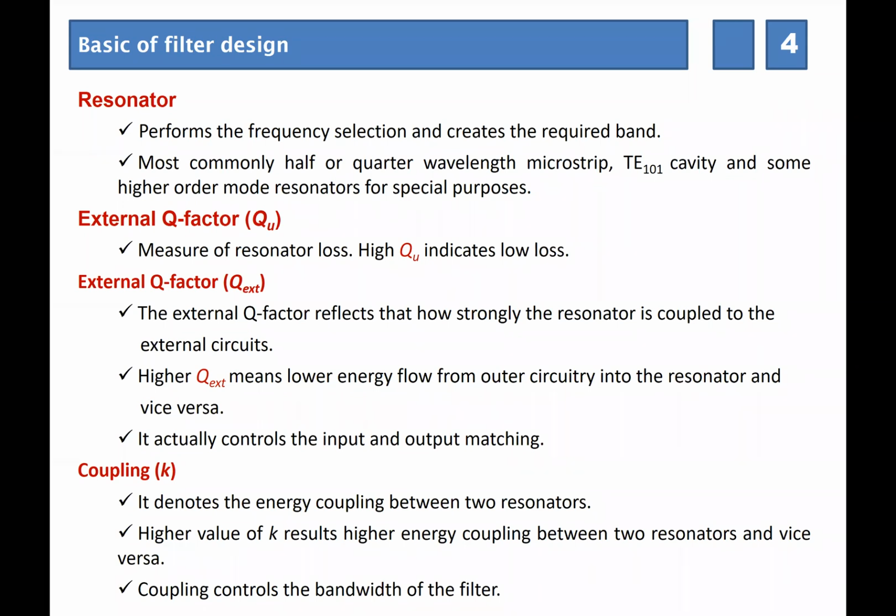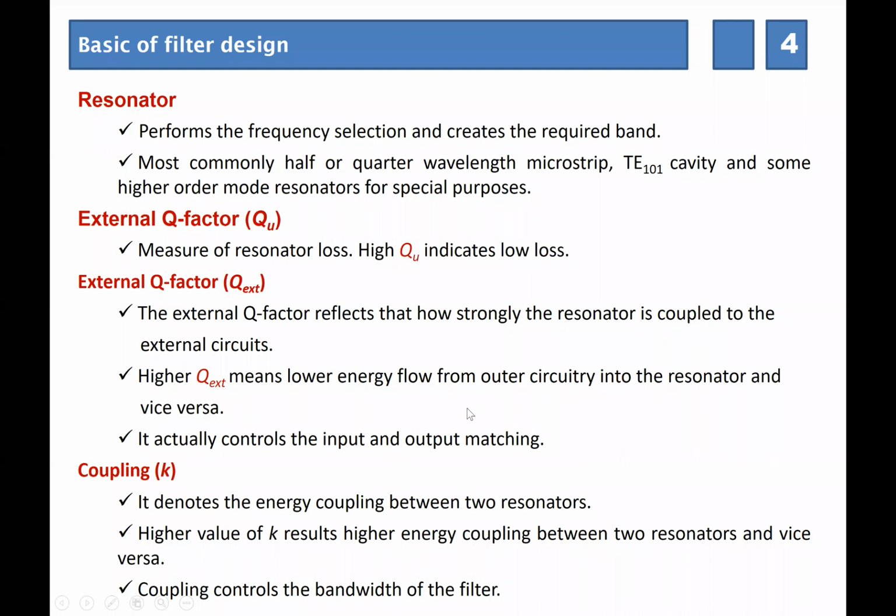The properties of SIW are quite similar to waveguide, so you can have that design approach in SIW, which you can further extend to waveguide. Once we have a proper resonator designed, the parameter you have to keep in mind to design a filter is the external quality factor.